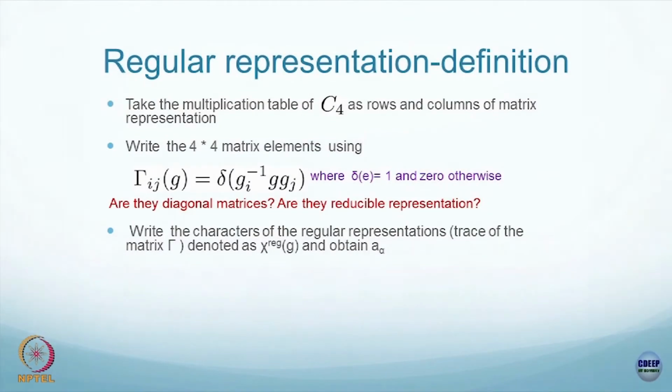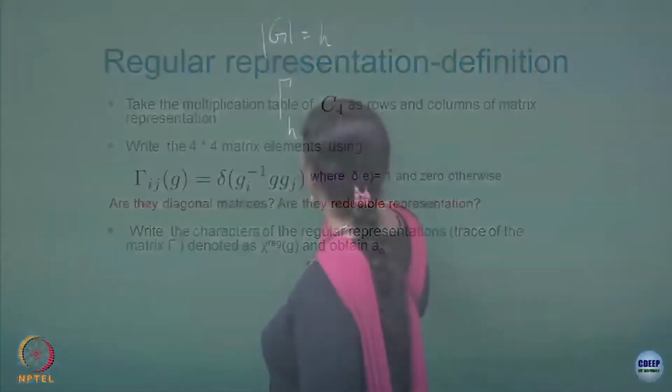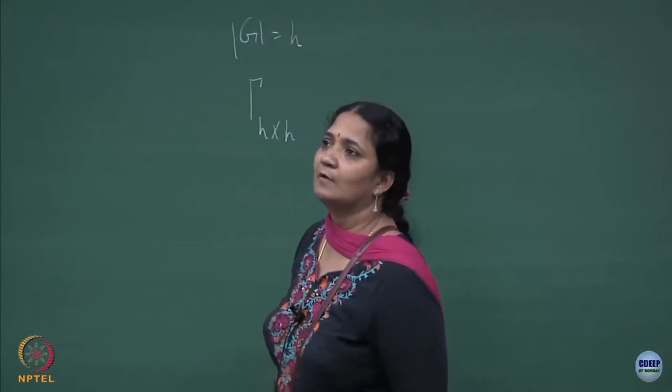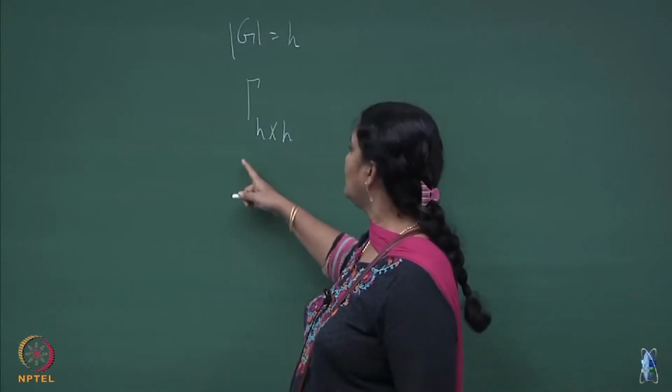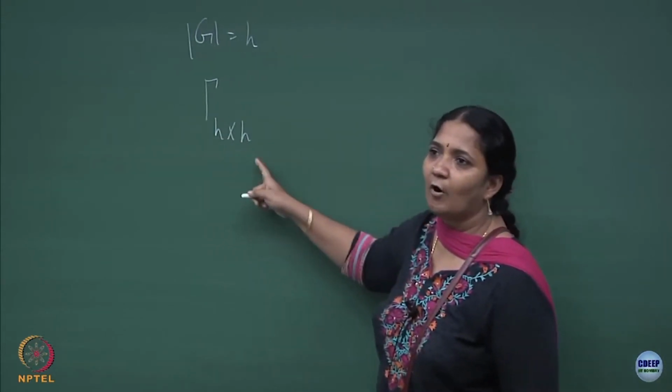Representation is nothing but, typically, if you take a group G whose order is, which I am calling H, you could write a matrix which is an H cross H matrix, a matrix representation whose dimension is also the order of the group.